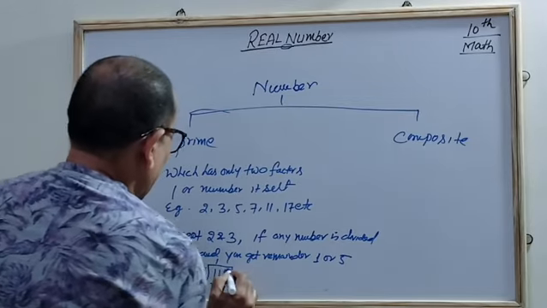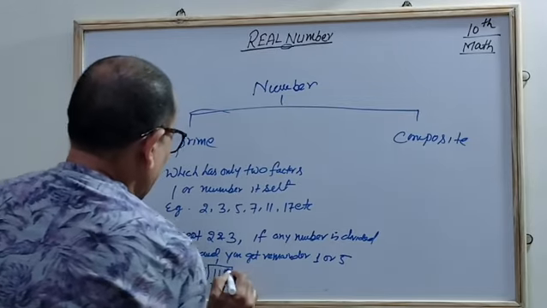For example, suppose 24 is a number and the question asks to do the prime factorization. Then what will we do? We know the least prime number is 2. Since it is ending with 4, it can be divided by 2.